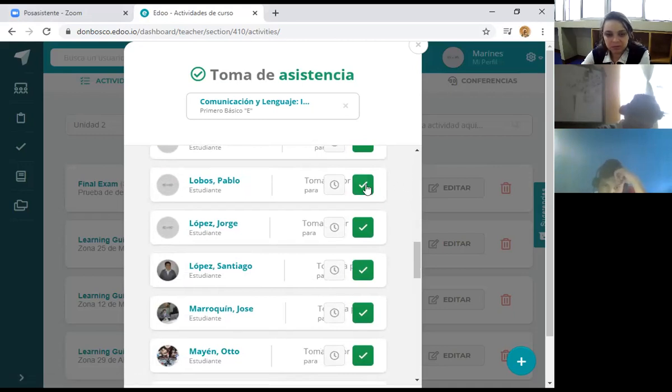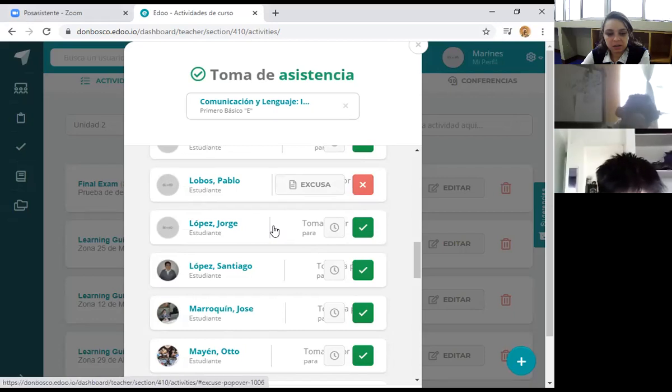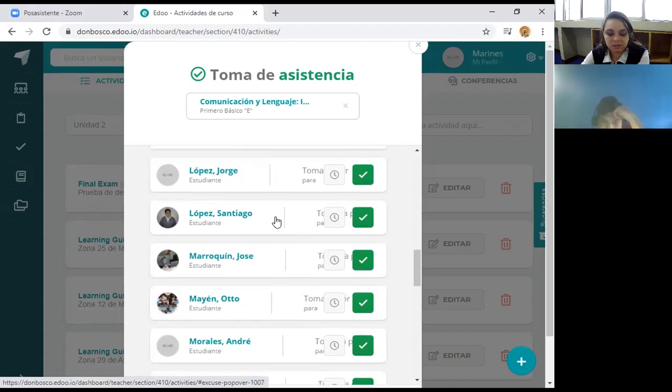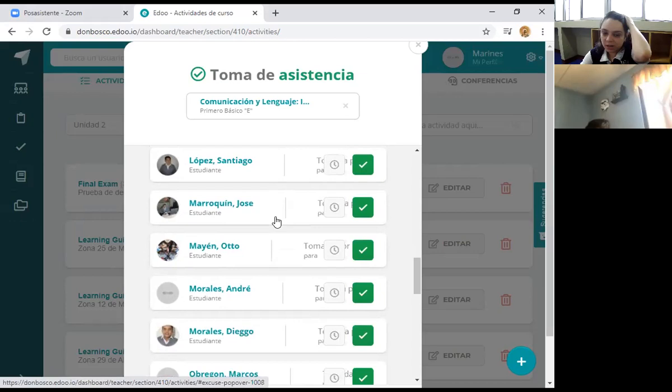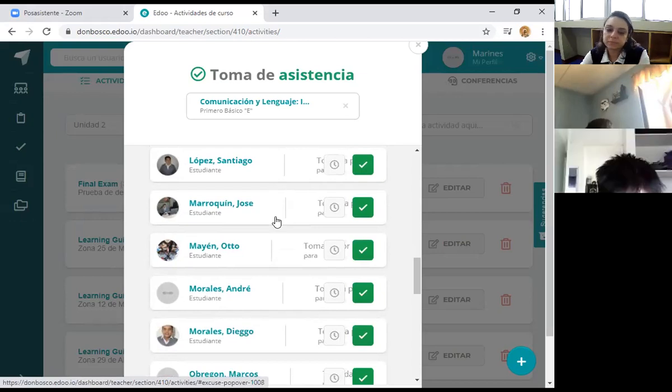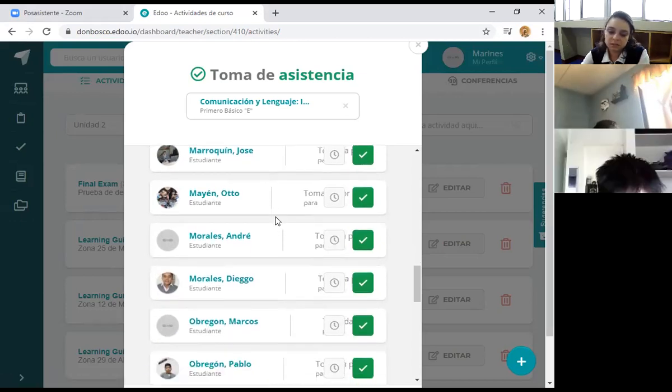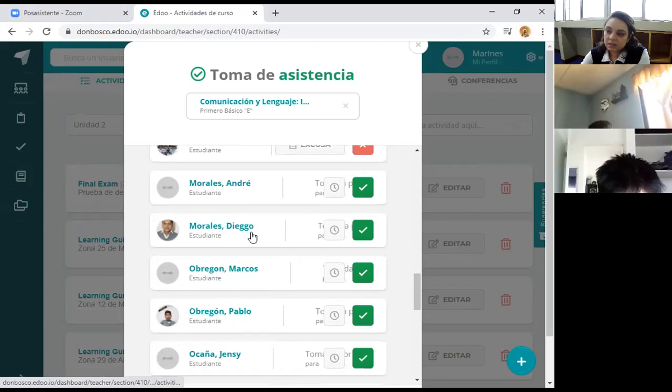Jorge. Present. Santiago. Present. José Marroquín. Present. Otto Mayen. Andrés. Presente.